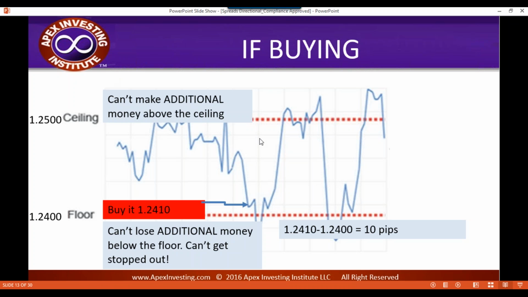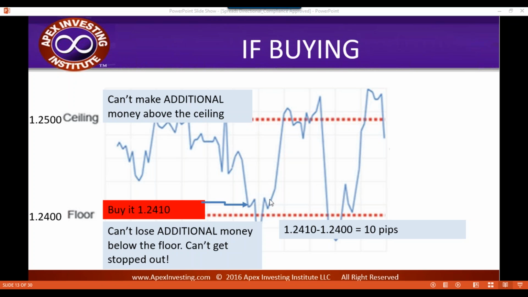Well, with Nadex, all of your risk is capped. You know upfront, ahead of time, before you ever get into a trade, what that risk is going to be. And your order ticket, which I'll show you in just a moment, will tell you that as well before you ever press enter. Before you ever get into a trade, you'll know exactly ahead of time what your max reward and your max risk are going to be.